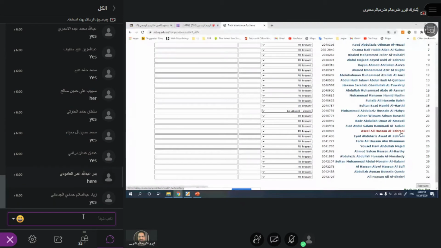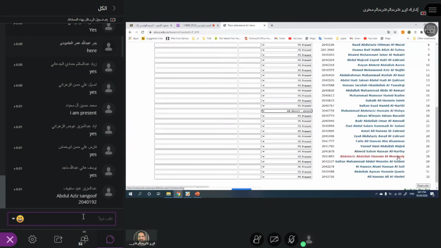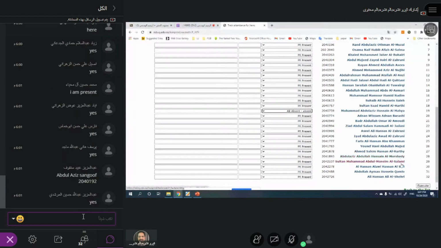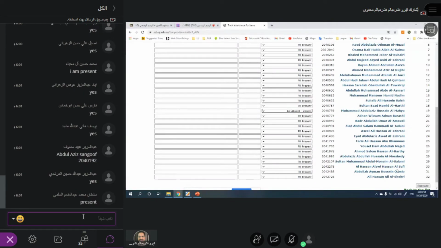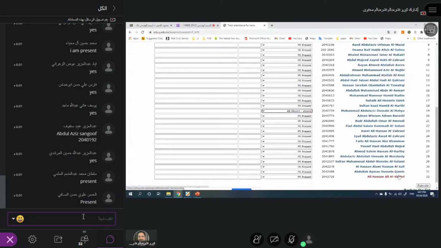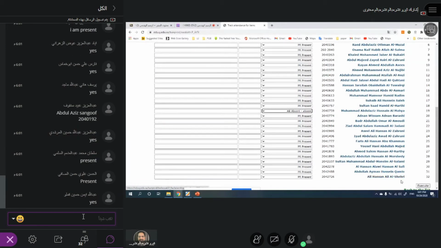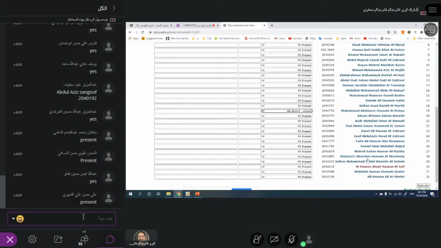Asil Ali Hassan Al-Zarani. Iyad Abdulaziz Awad Al-Zarani. Faris Ali Hassan Abu Khamas. Yusuf Khani Abdullah Masjid. Ahmad Salim Hassan Al-Hatti. Abdulaziz Abdullah Hussain Al-Morshidi. Sultan Muhammad Abdul Monim Al-Salami. Al-Hassan Alawi Hassan. Abdullah Ayman Hussain Komlu. Ali Hassan Ali Al-Sari. Okay, good.